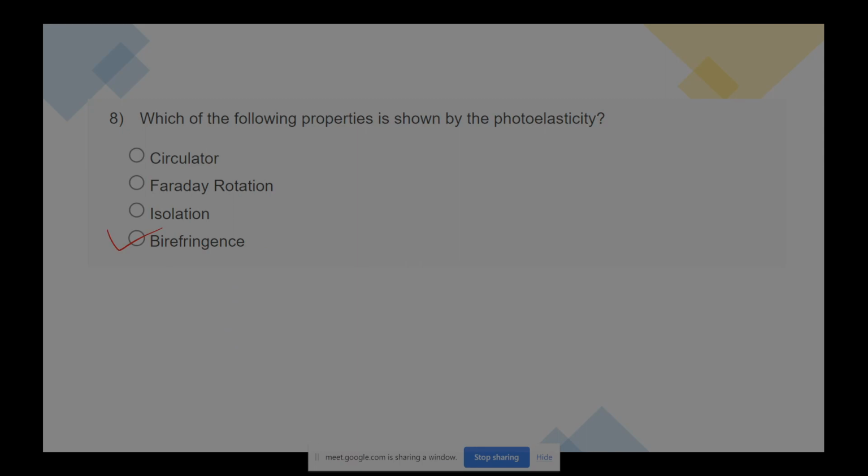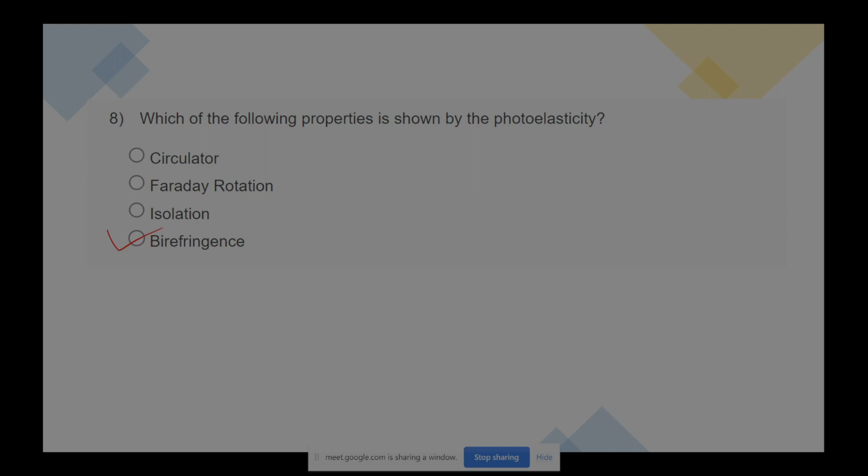The refractive index will change in a particular direction, different from each other.